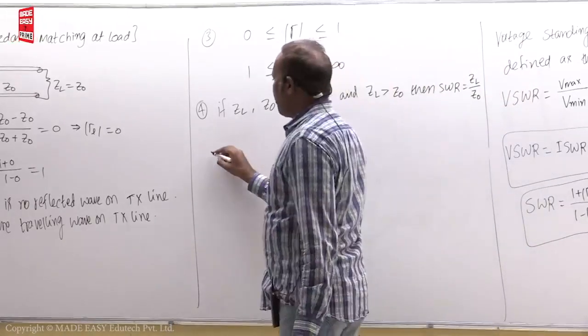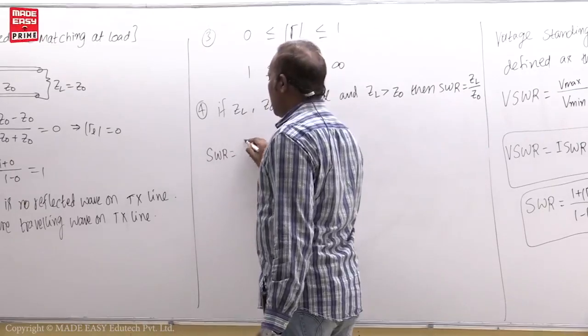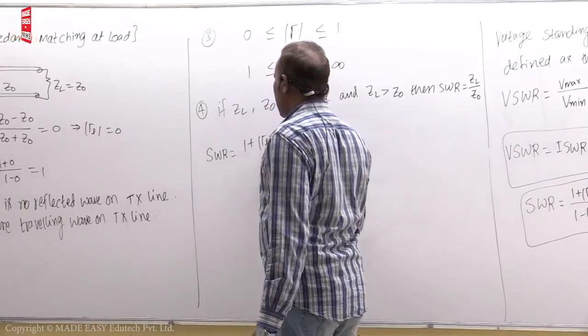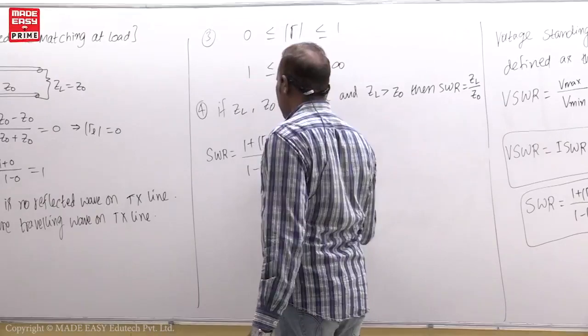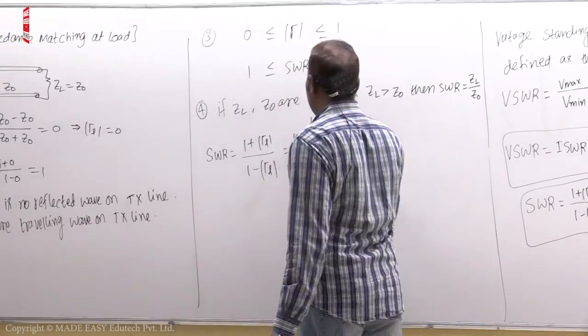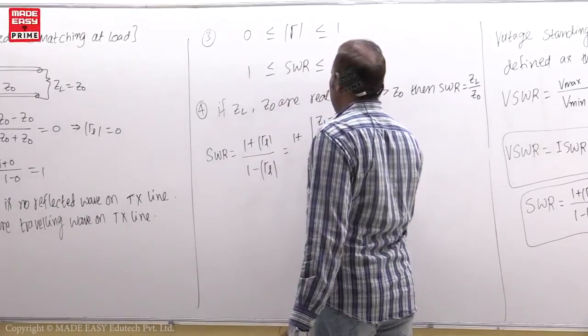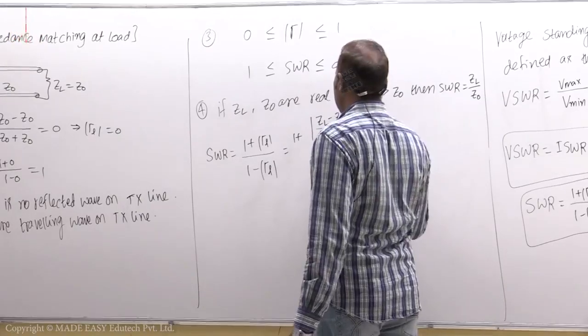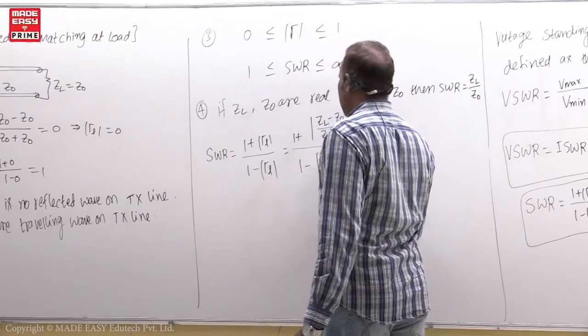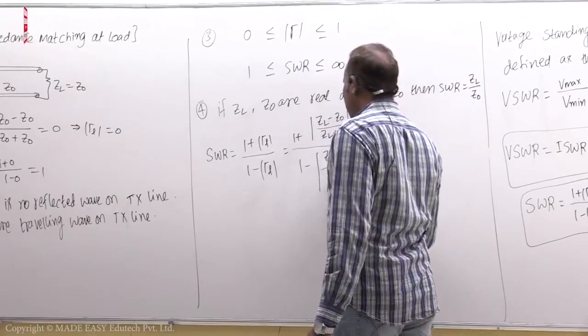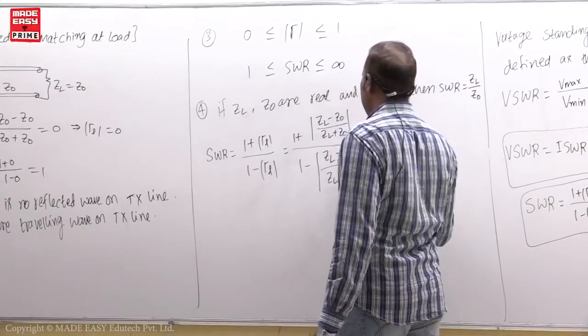So here SWR is equal to (1 plus mod gamma L) by (1 minus mod gamma L), that is equal to (1 plus mod of (ZL minus Z0) by (ZL plus Z0)) by (1 minus (ZL minus Z0) by (ZL plus Z0)).